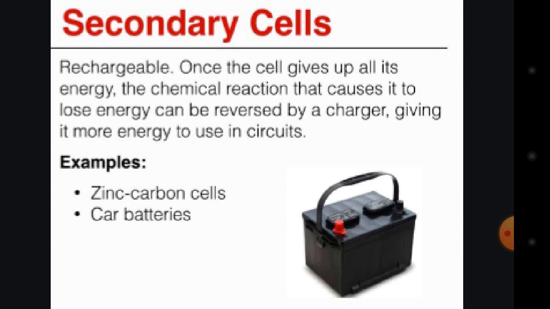But the other ones cannot be recharged; whenever they use their energy, they are finished. The secondary cells can be recharged again. So this is about the primary cell and the secondary cell.